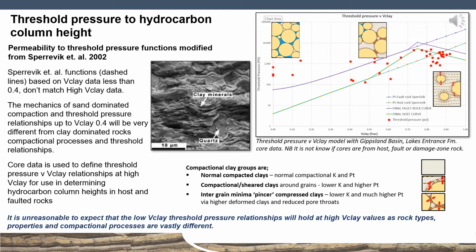Our view here is that in the range 0.4 to 0.75, during compaction, what occurs is a pincer movement between the compacting sand grains, compressing the clays and reducing permeability and increasing threshold pressures. Once beyond 0.75, there's less sand involved and the threshold pressures drop away.